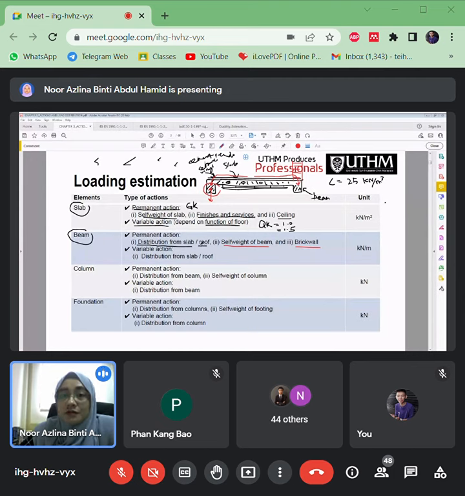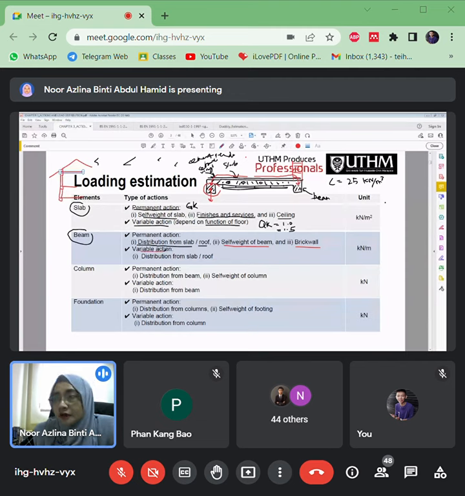Sometimes, especially for the roof beam, there is no brick wall here. There's no brick wall for the roof beam, but for the first floor beams, there's a brick wall. For the ground floor beams, there's a brick wall to be considered.